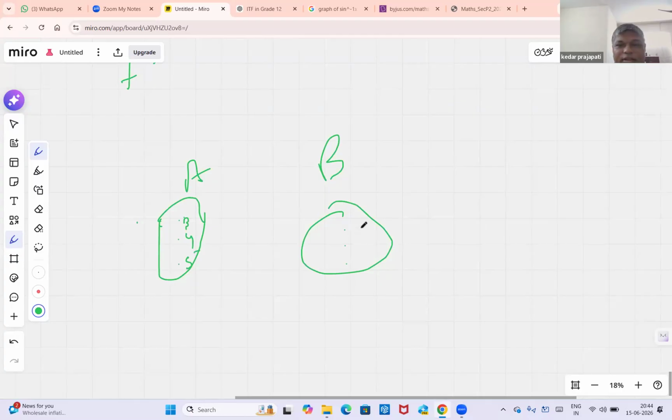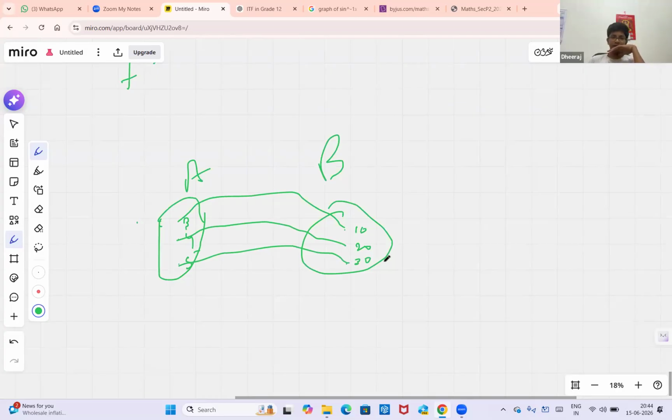This is 10, 20, 30. Now what I'm saying is 3 has an image 10, 4 has an image 20, and 5 has an image 30. Then see, it is 1, 1, because every element has an image here. So 1, 1 is there.